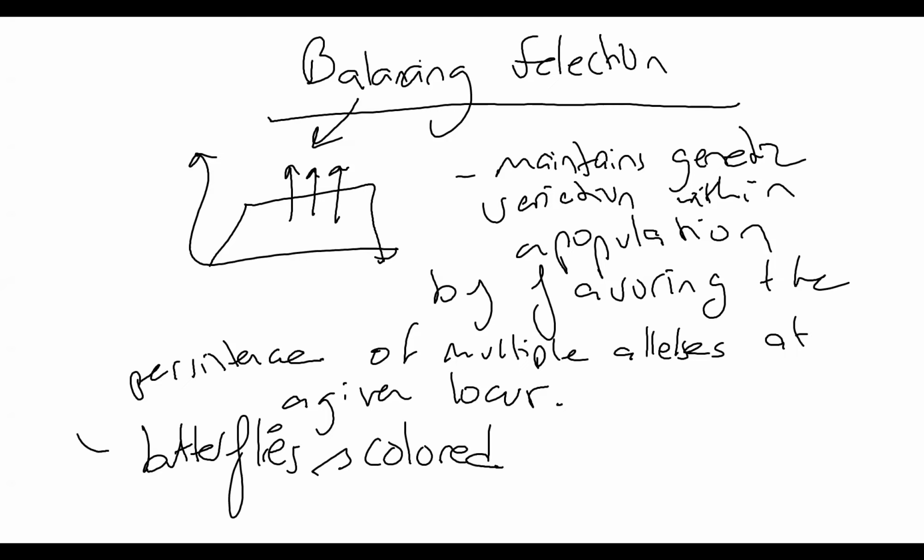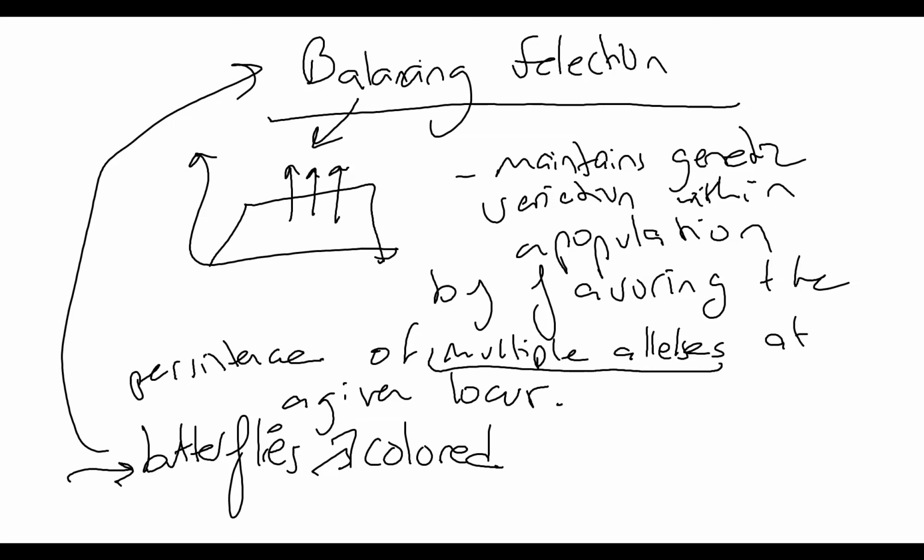According to the balancing selection, this species itself is going to be colored. It tries to persist or maintain multiple alleles at a given locus in a species. So the more the colors of butterflies increase, the higher the balancing selection is working. So balancing selection tries to maintain the genetic variation within a population.